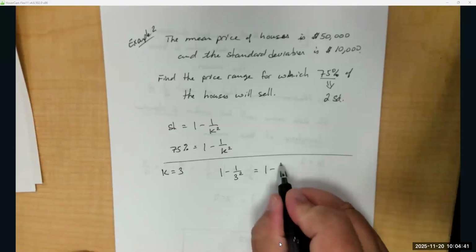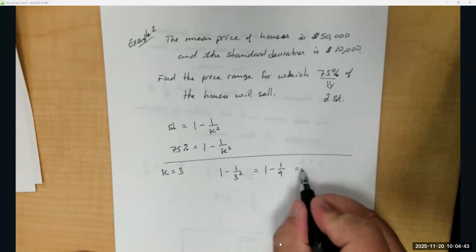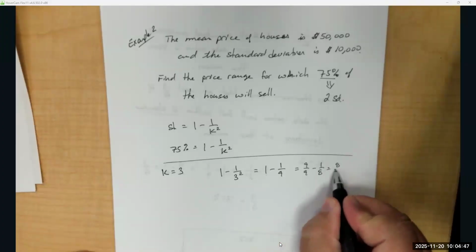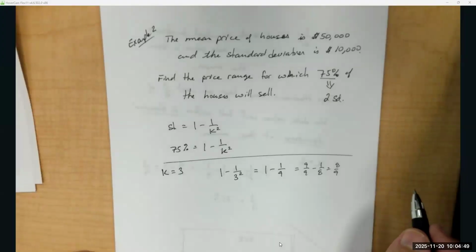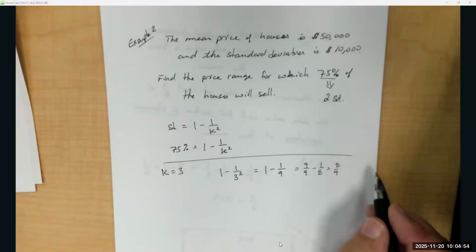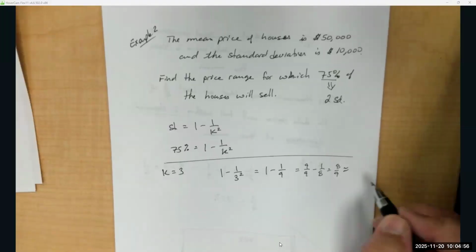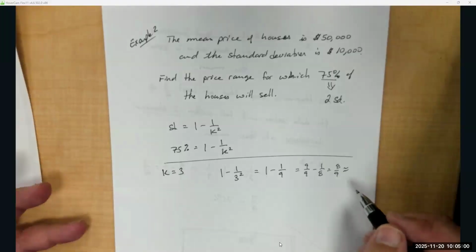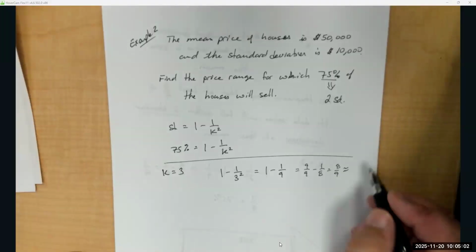So 1 minus 1 over 9, that's 9 over 9 minus 1 over 9, which is 8 over 9. So this makes it what?